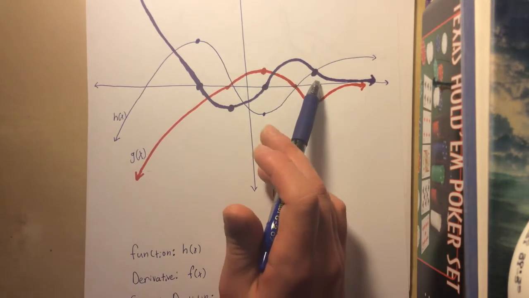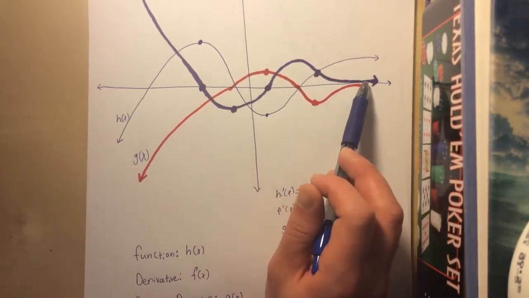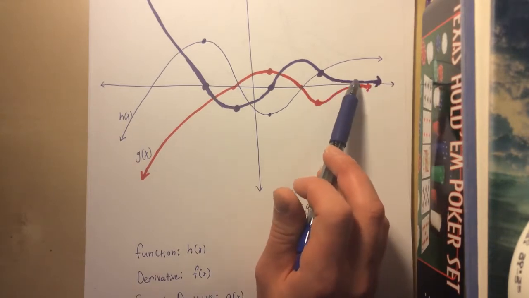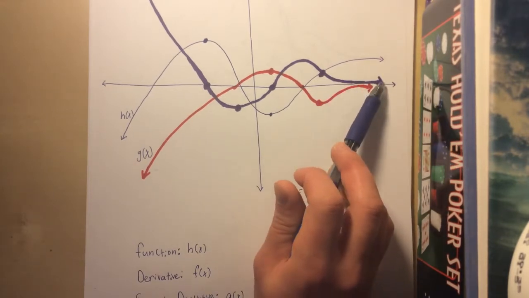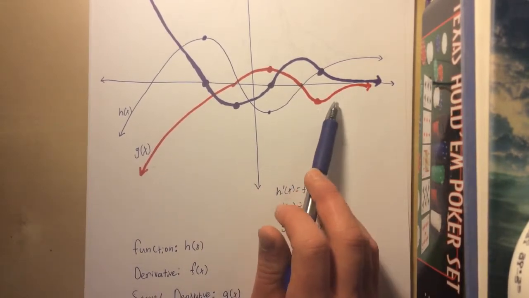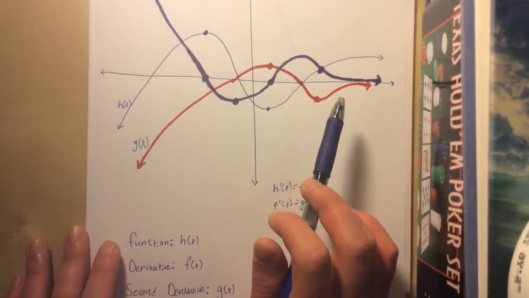And then from there you could say that since f of x is decreasing, approaching a tangent slope of 0, and g of x is negative, approaching 0, we can tell that g is the derivative of f.